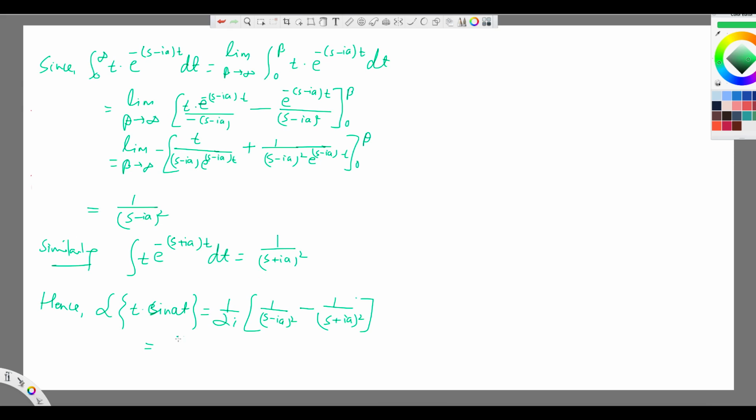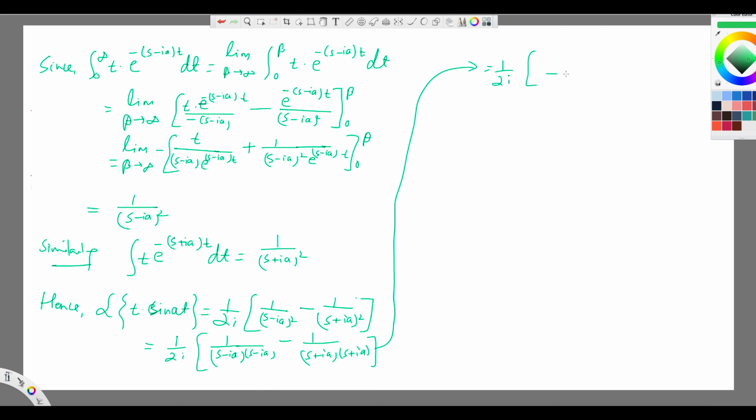Okay, so this will become, let me write out, 1 over 2i, and this is 1 over (s minus ia) times (s minus ia), and then minus 1 over (s plus ia) times (s plus ia). If you simplify this further, this is 1 over 2i, and then what is in the denominator?